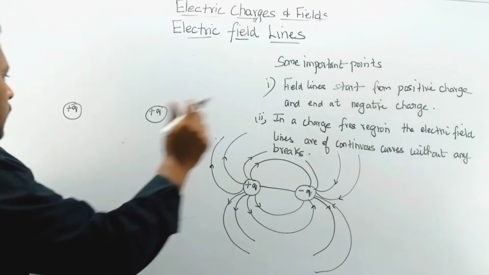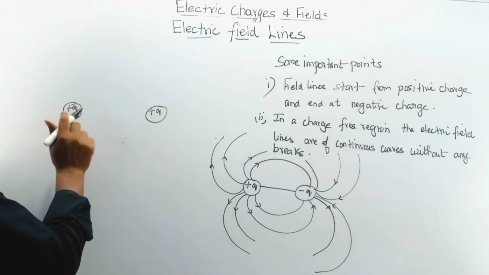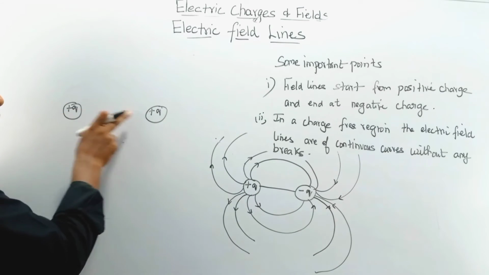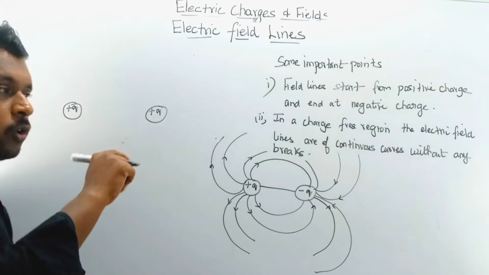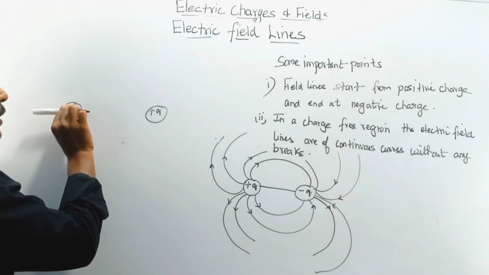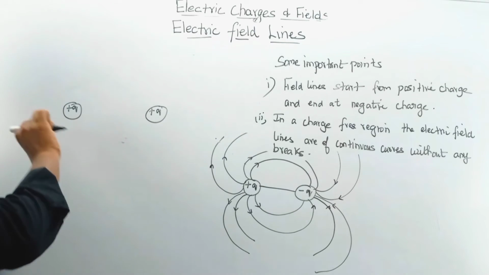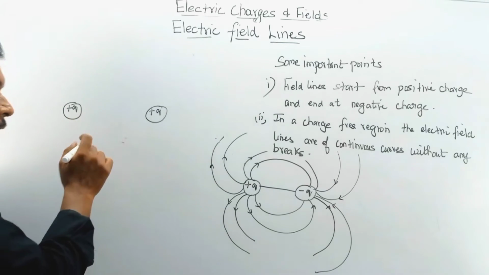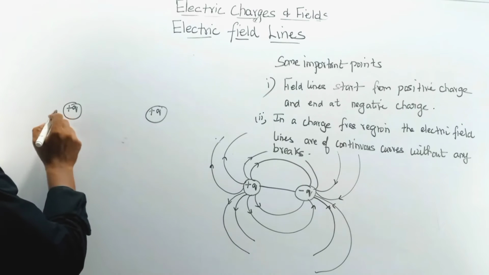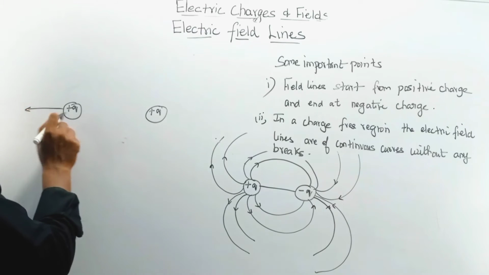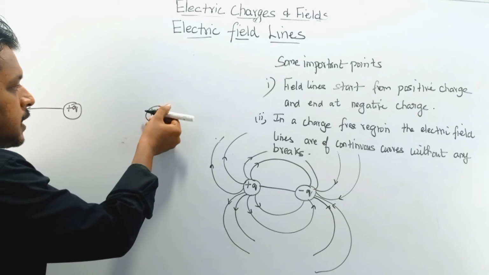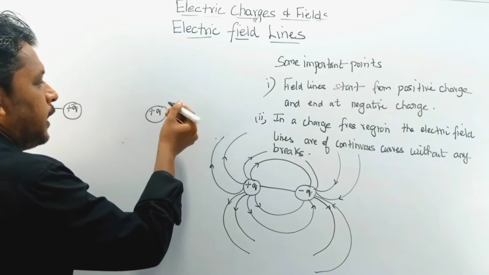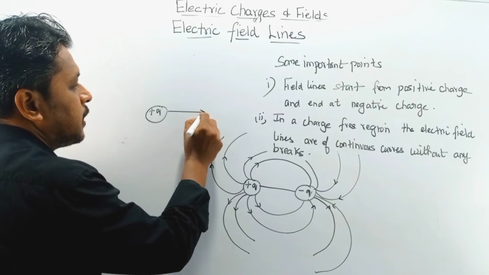As both are positive charges, there will be a repulsion. The electric field lines moving in this direction will be repelled, in the opposite direction, towards the same line of action. It will be repelled like this. The electric field lines coming from this charge, in this direction, will be repelled again. So it will be in this direction.